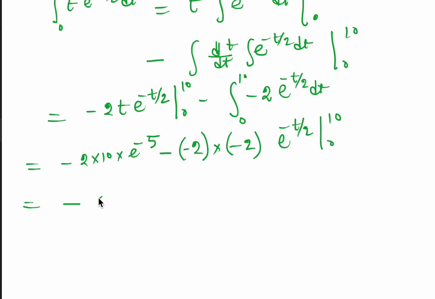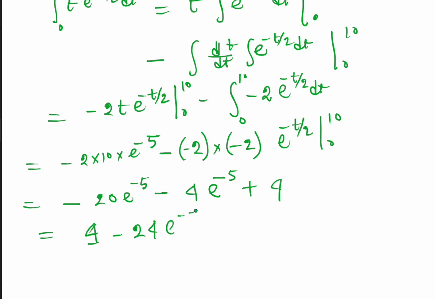So this is minus 20 e to the power minus 5 minus 4 e to the power minus 5 plus 4, so this is 4 actually. So 4 minus 24 e to the power minus 5.